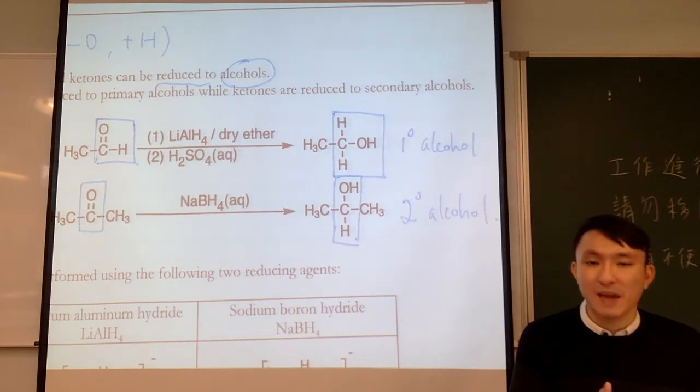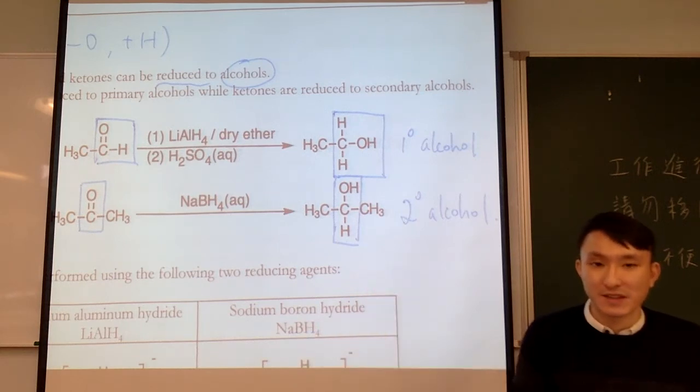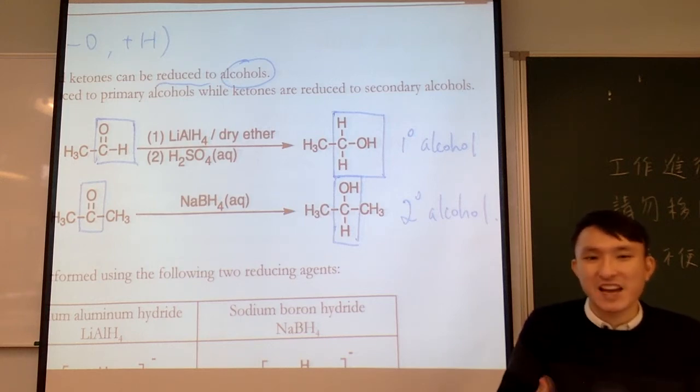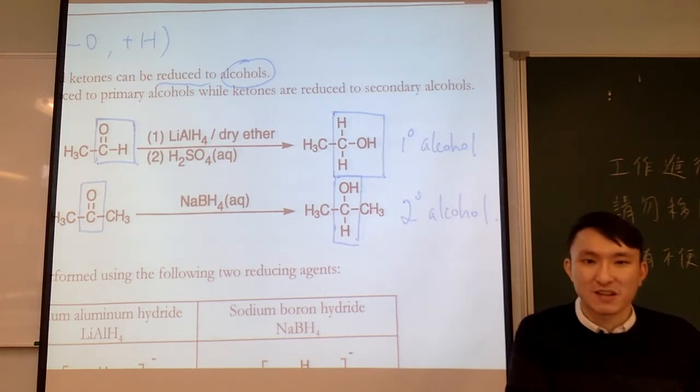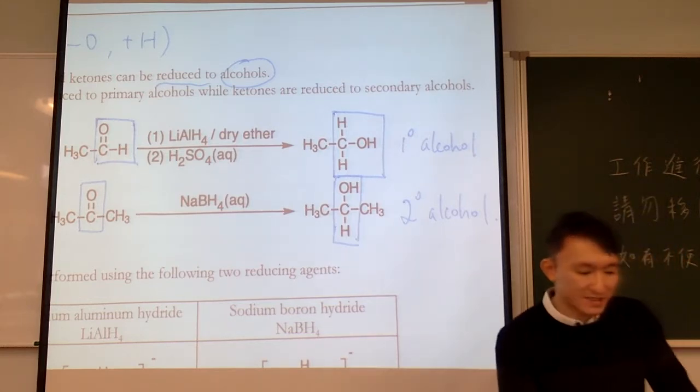So would there be any reduction that results in a tertiary alcohol? Of course not, because in the first place, tertiary alcohol is resistant to oxidation. So how can anything resistant to oxidation generate an oxidized product that can be reduced back to its own? It doesn't make sense. So that's why there isn't.